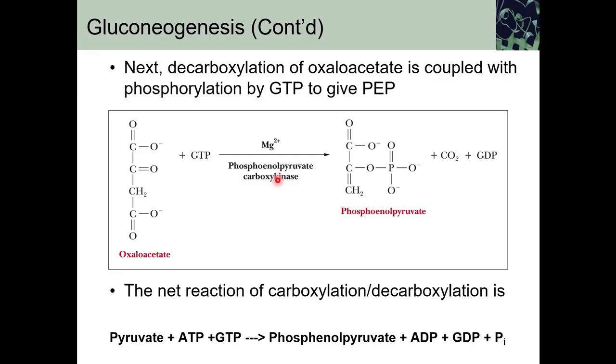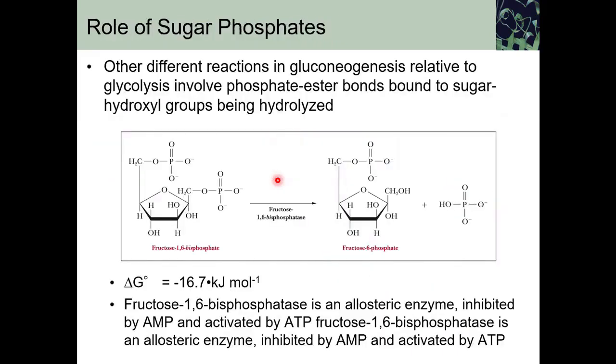The other steps in gluconeogenesis are the reverse of glycolysis, except of course for the three reactions that I've already mentioned. The other different reactions in gluconeogenesis relative to glycolysis are shown here.